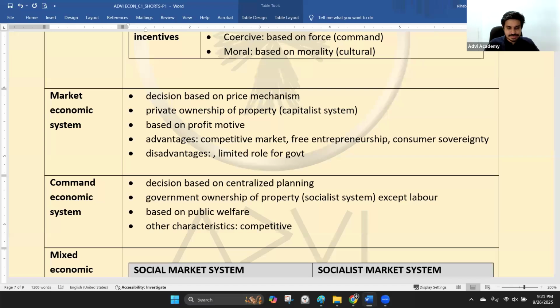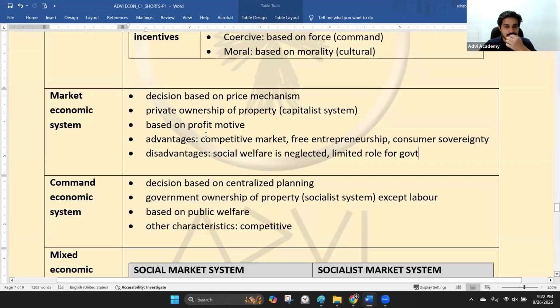Main disadvantage, first and foremost, social welfare is neglected and there is a limited role for government. So nobody cares about the society, right? Nobody cares, and the government also doesn't have a lot of power. So these are the main 3 advantages, main 2 disadvantages.